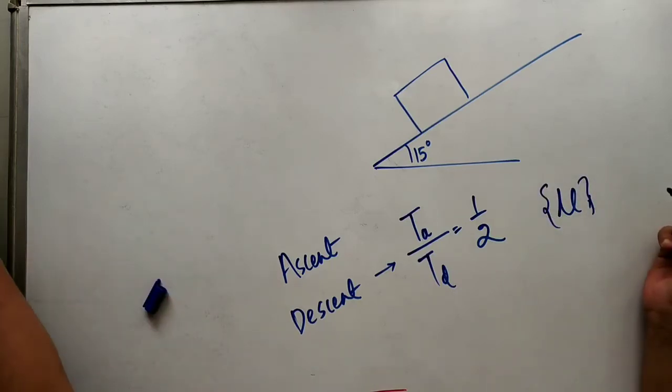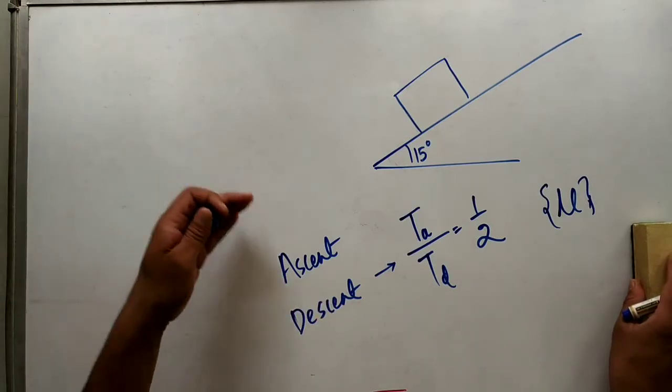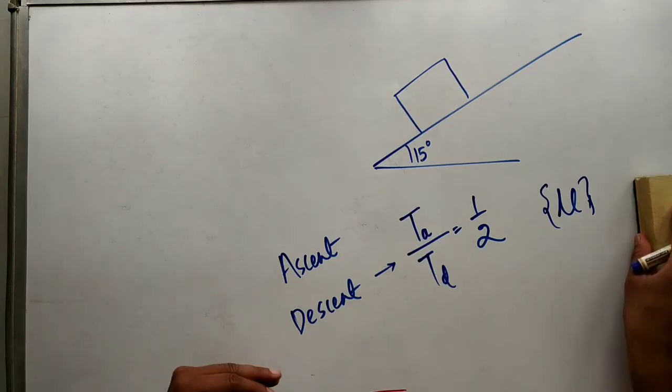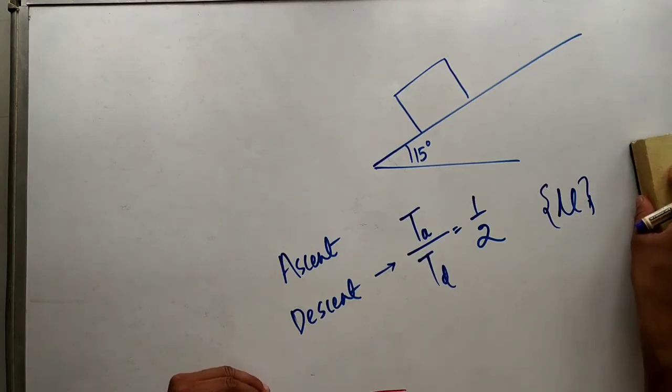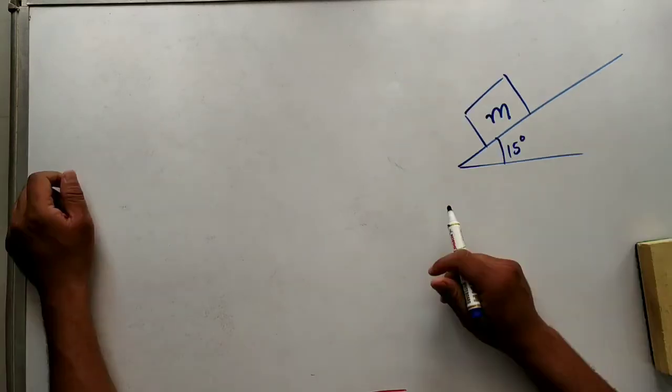So first we are going to analyze the ascent of the block, and then we'll go to descent, keeping in mind the condition given to us.